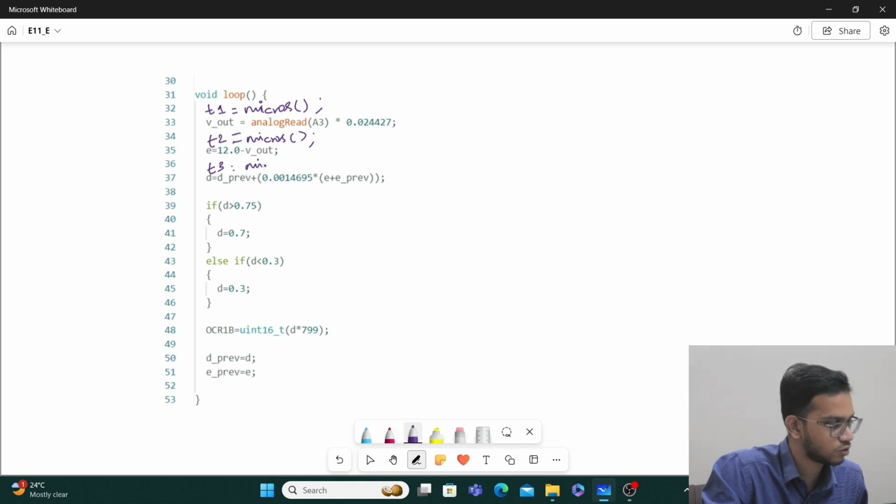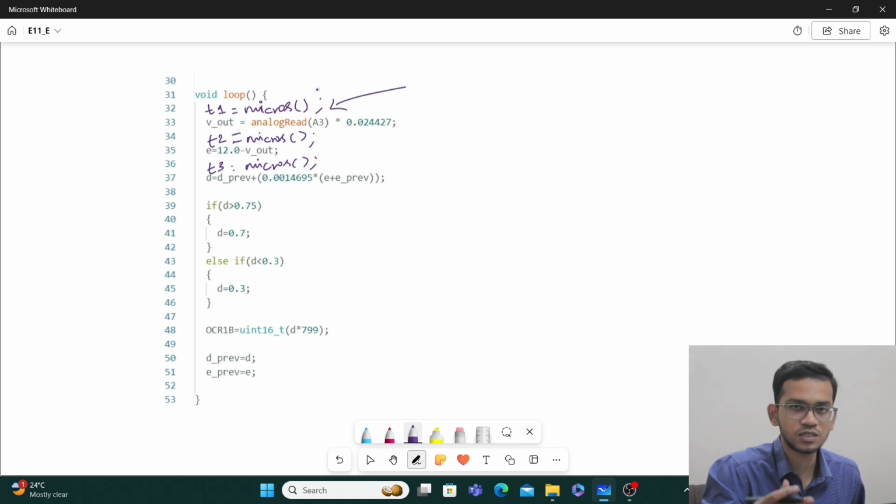Wherever you want to introduce timestamps, you can introduce micros functions. This microsecond function tells you the current time of the Arduino, which keeps running forever in a long register. It will capture that value and store it in t1.